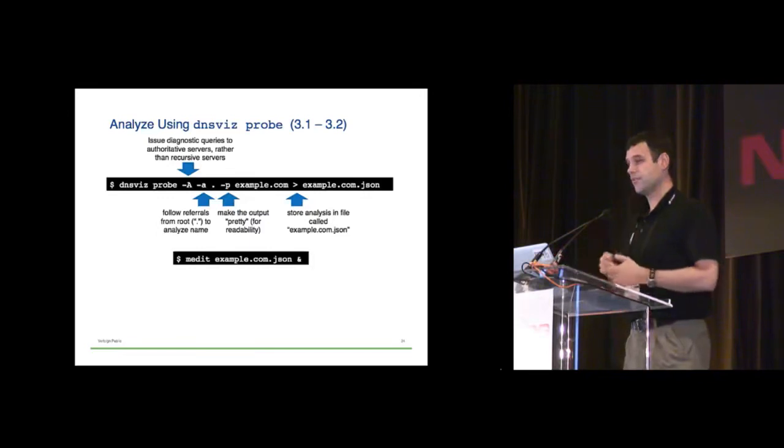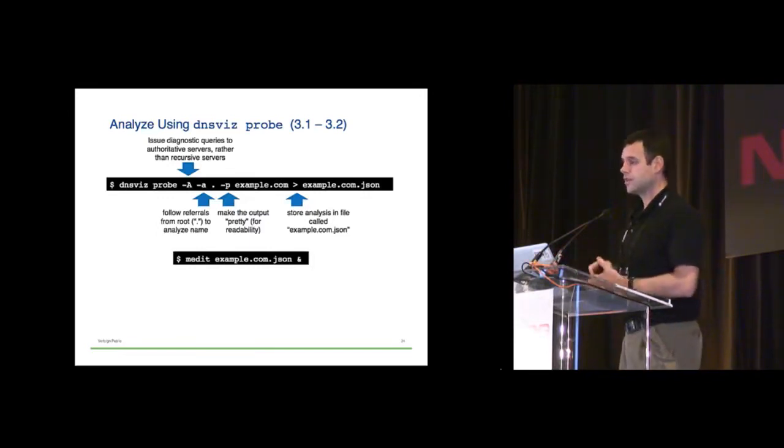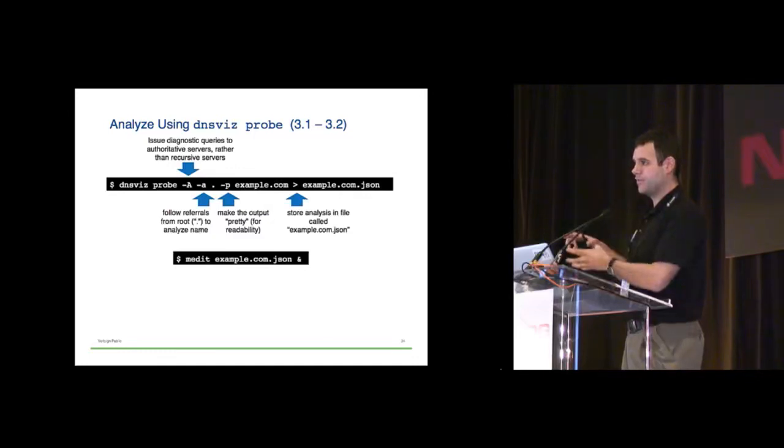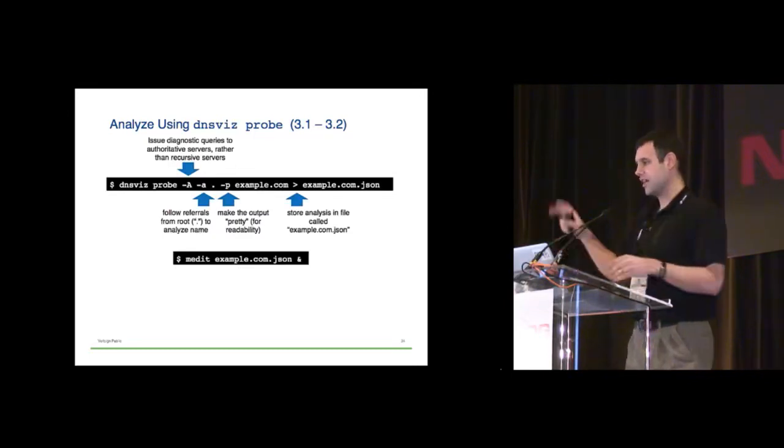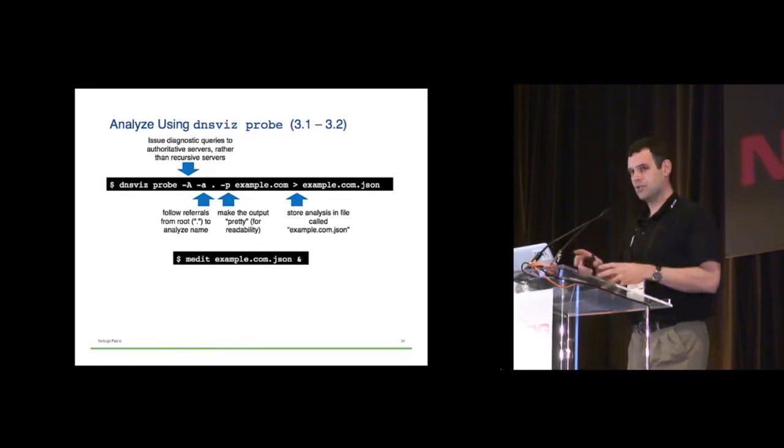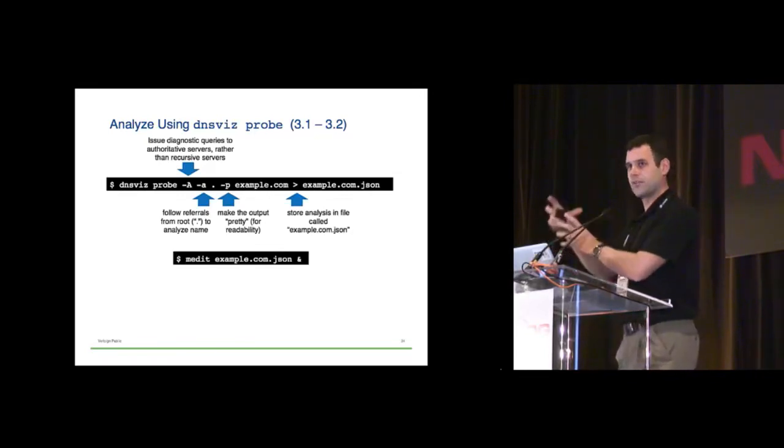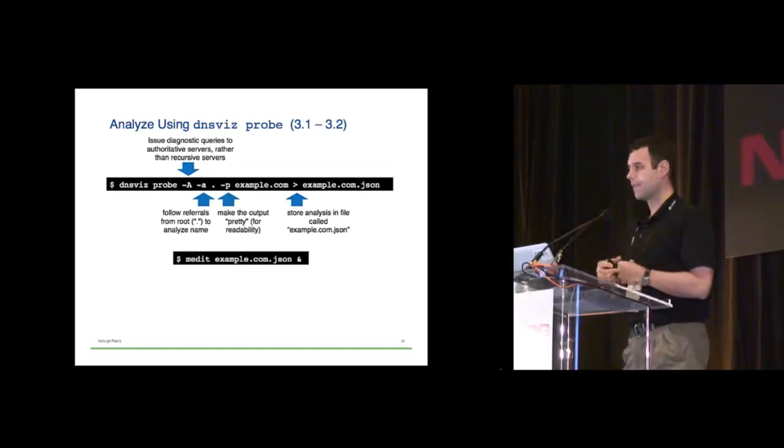You're going to be doing all those same queries you did with dig before, but DNSViz is going to do them for you and compile all the responses, along with some meta information that's helpful for it, into this JSON file, example.com.json. The -A says, don't query my recursive server, instead do an authoritative analysis. Go directly to the authoritative servers like we did before. And the -P means let's make it pretty so we can actually understand what we're looking at.